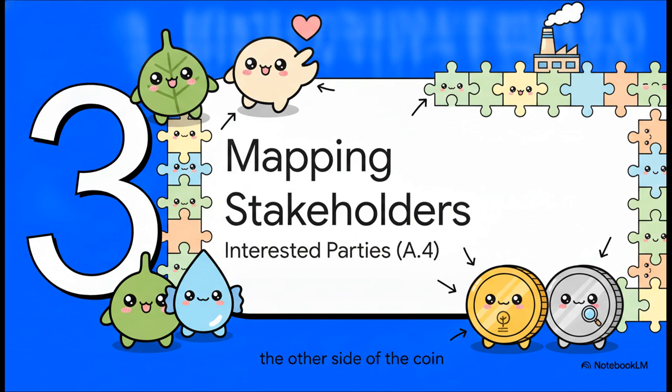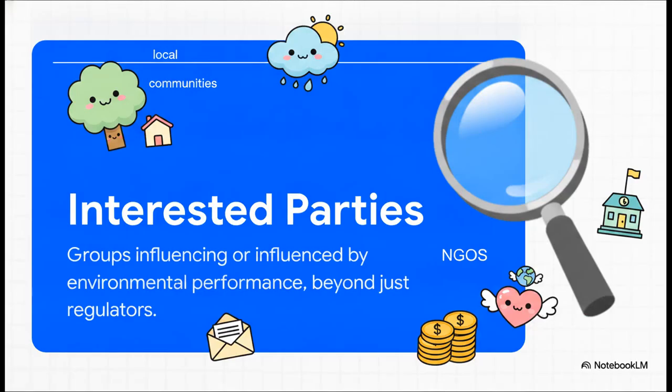All right, Section 3, Mapping Stakeholders via Annex A.4, Identifying Interested Parties. Now we need to flip the coin and look at Annex A.4, which really expands our view of who actually cares about these environmental conditions. Stakeholders are incredibly dynamic. Historically, companies would just list regulators and customers and call it a day.